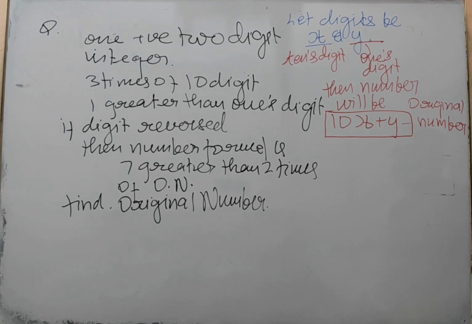Okay. Now, three times the tens digit number. Three times means 3x.